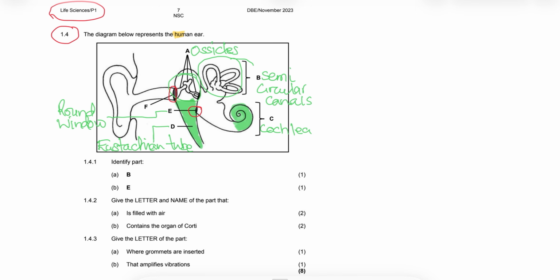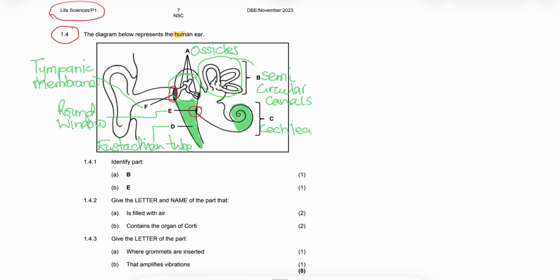So our F, I'm just going to put it this way. So it is the tympanic membrane, or the tympanium. All right, tympanic membrane or the eardrum.